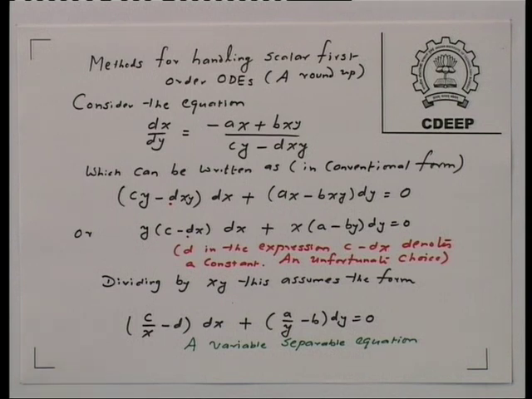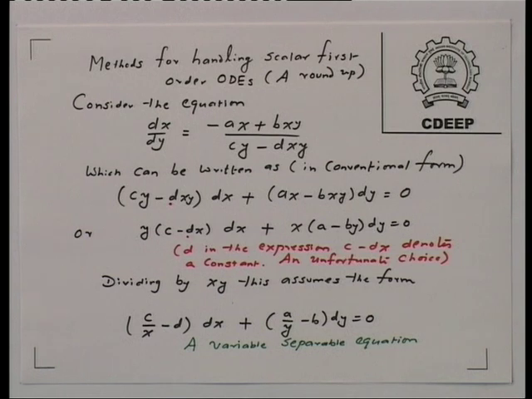Let us now take this equation and divide it by xy, and a very pretty thing happens. What is happening? You have (c by x minus d) dx plus (a by y minus b) dy equal to 0.